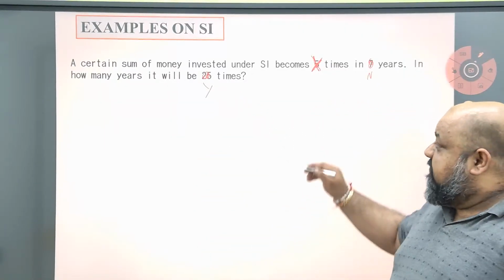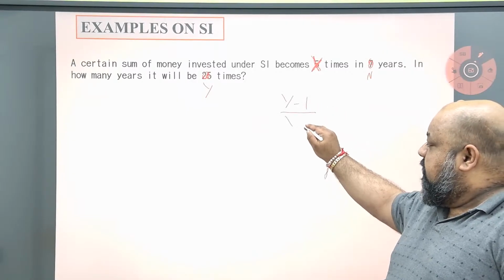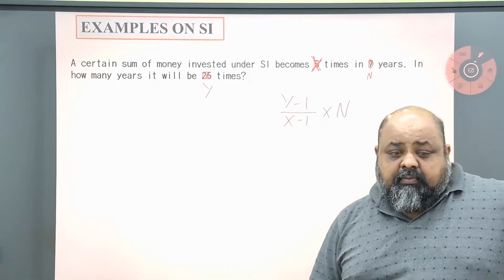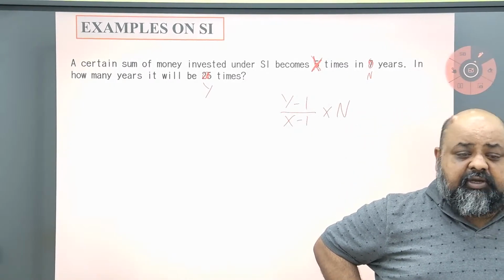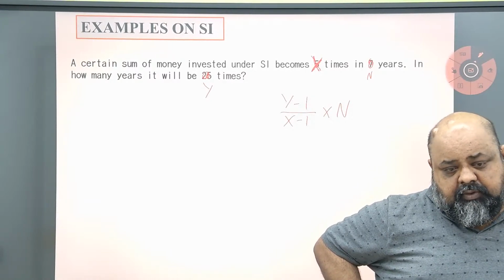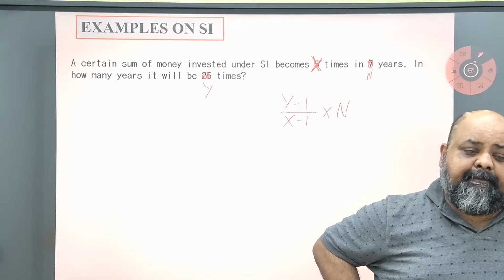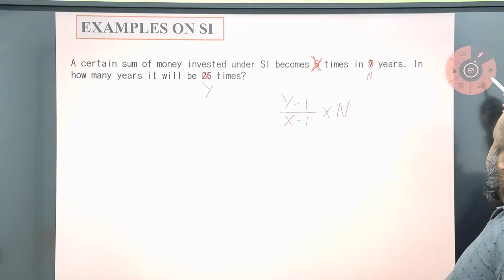The answer always will be (y minus 1) upon (x minus 1) into n. That is, amount minus principal upon amount minus principal into number of years. Without any exception, y minus 1 upon x minus 1 into n, right? These are concepts of simple interest.